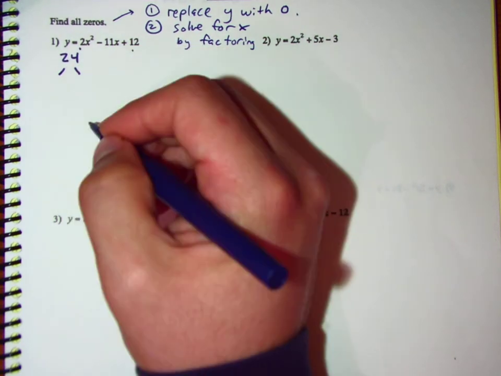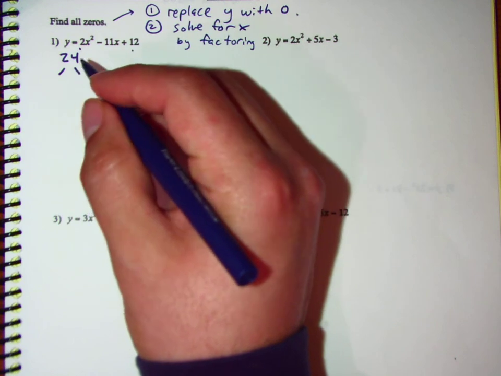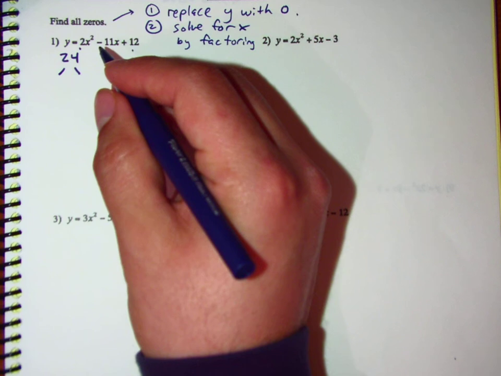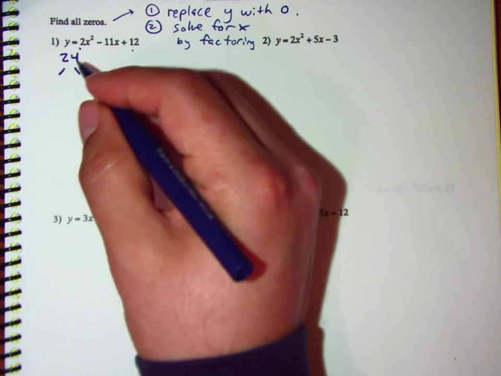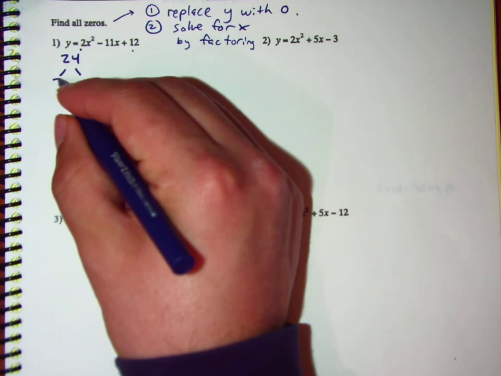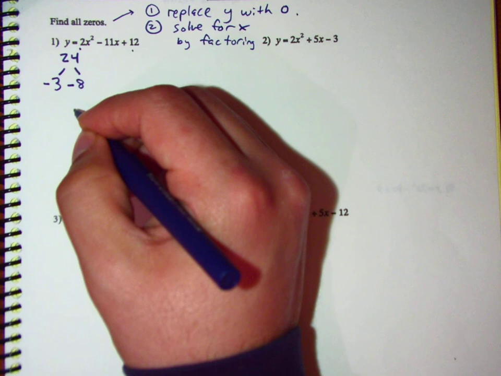And now, looking at 24, you're going to think of two numbers that multiply to 24, but actually add up to negative 11. So if you think of all the possibilities, 1 and 24, 2 and 12, 3 and 8 seem to work. You just have to make them both negative.